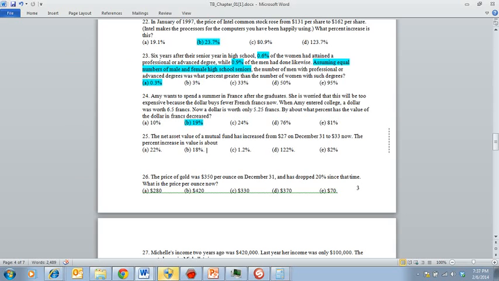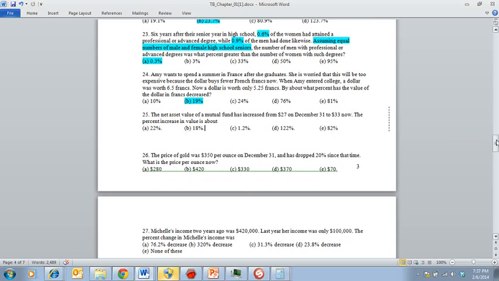The net asset value of a mutual fund has increased from $27 on December 31st to $33 now. The percent increase: our denominator is going to be $27, because that's the original. The amount of increase is going to be $6. So the numerator is going to be $6 because that is how much it went up.